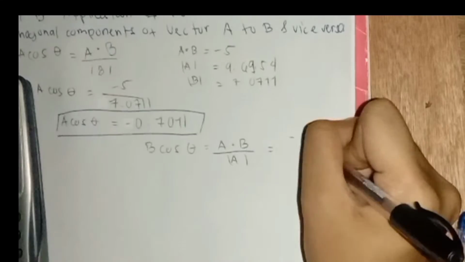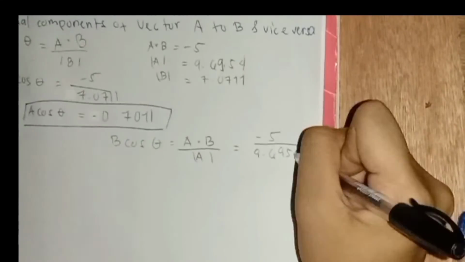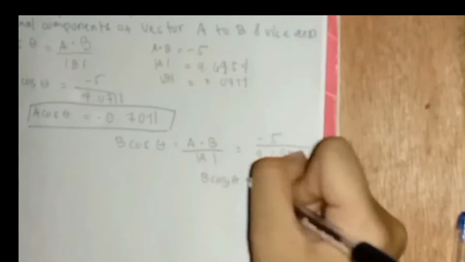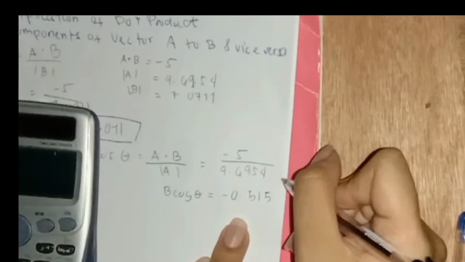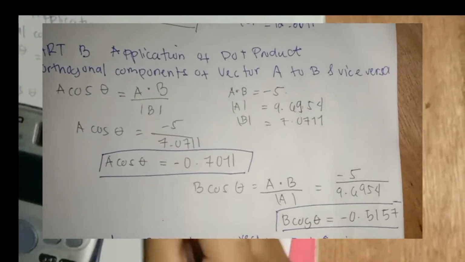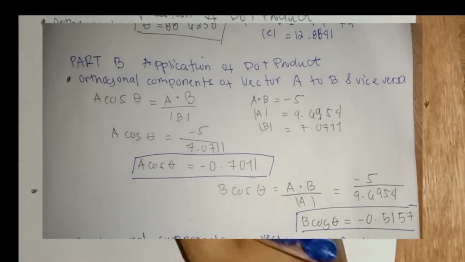For the vice versa, B cosine theta is equal to the dot product of AB over the magnitude of vector A, and we will have negative 0.5157.